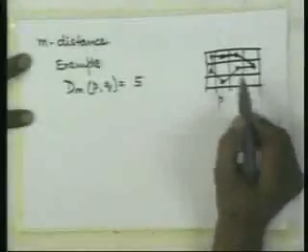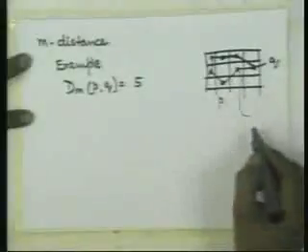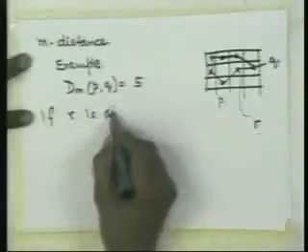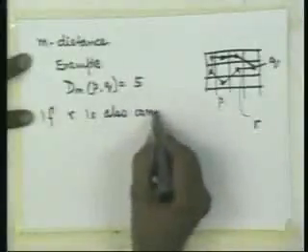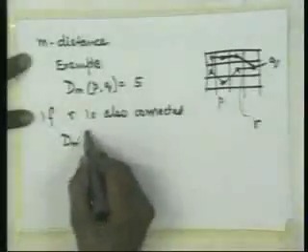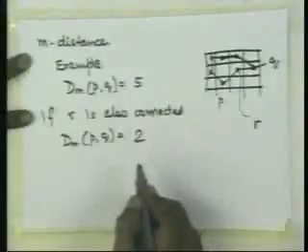So when this is Q, this is say R, if R is also connected, then dm will simply be only 2 units and not 5 units.